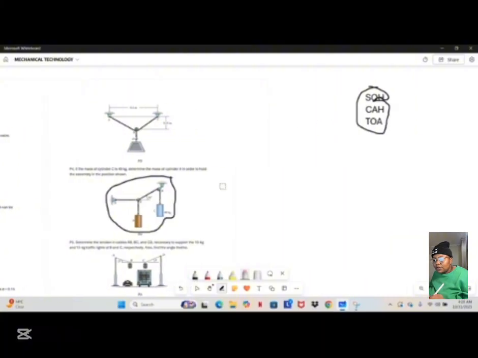Okay, so let's redraw it perfectly. It's going like that. So we have a force here in between. This is what we're looking at, and these things are carrying heavy things. There's something here and there's something here.